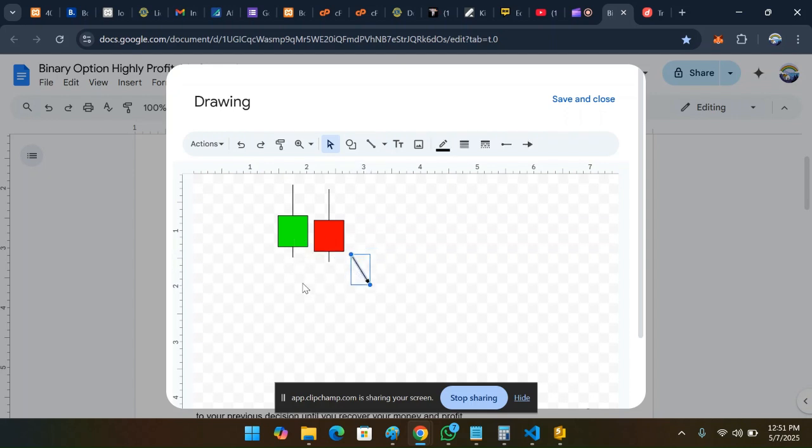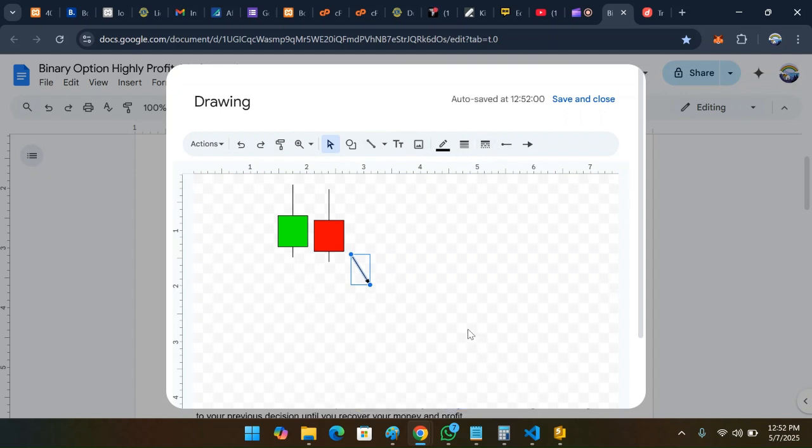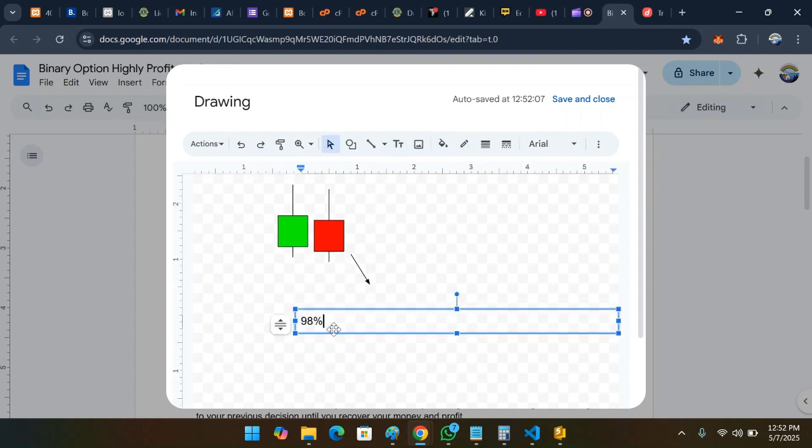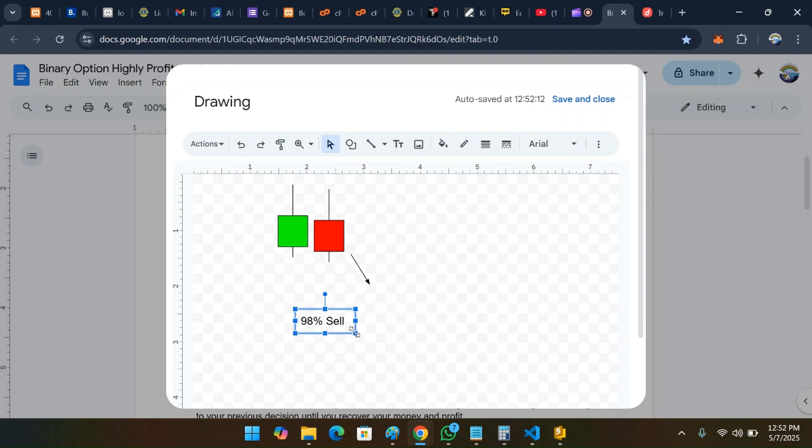Are you getting it? Like 98%. Let me put a text here, 98% sell. You don't need to trade everything. 98% for selling.